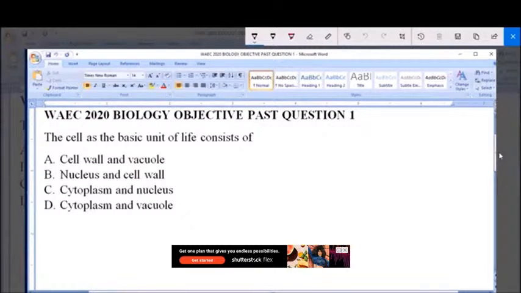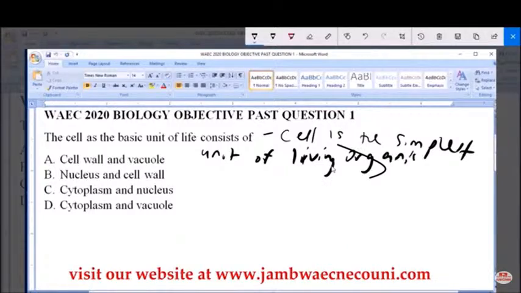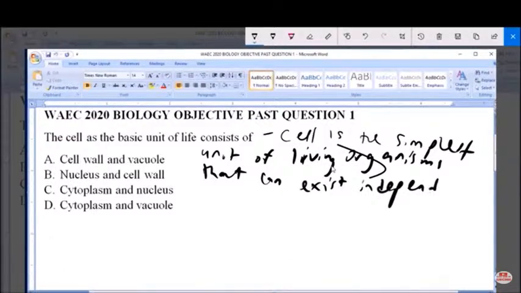So for a standard definition of the cell, we could say the cell is the simplest unit of living organisms that can exist independently. Now, option A, which says cell wall and vacuole.